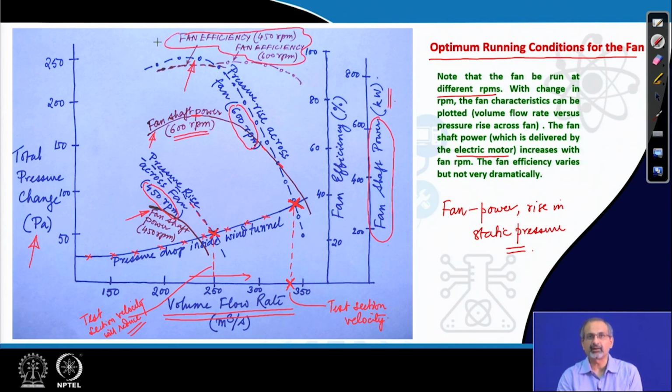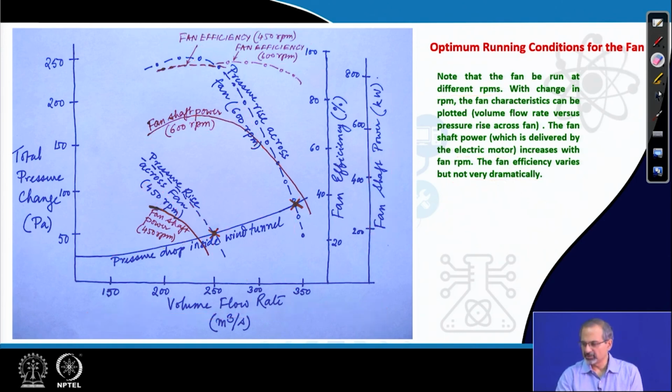Incidentally, at least for these rpms, it does not vary very dramatically. It hovers close to about 90%, which is a fairly efficient fan, and it only spans over different ranges of volume flow rates, because with change in rpm, the volume flow rates would get altered.